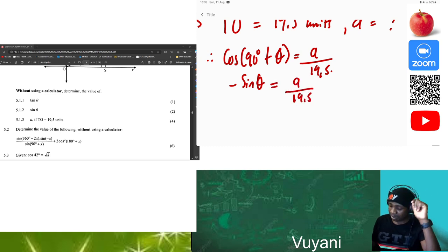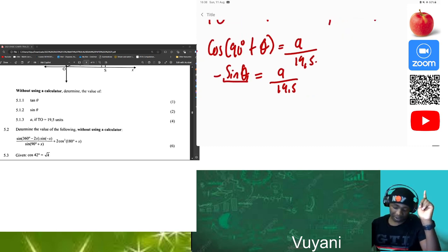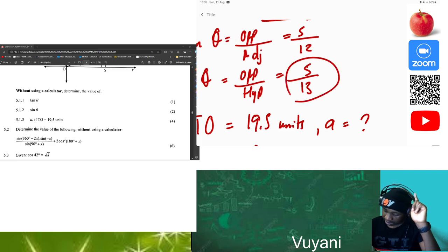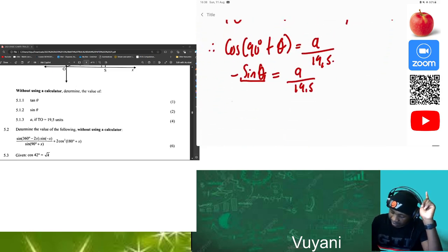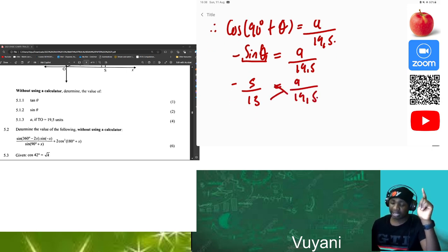Now we have calculated sine theta, and we found that sine theta is equal to 5 over 13. So now we have negative 5 over 13, which is equal to A over 19,5. Of course now we can cross multiply so that we make A the subject of the formula.